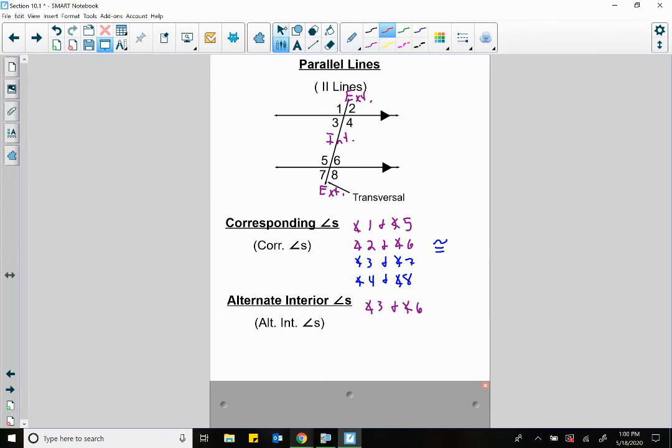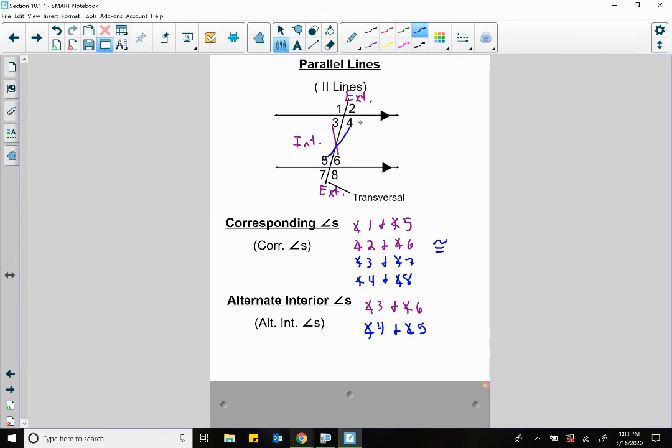All right. So this 3 and 6 are across and on opposite sides from each other. What is another alternate interior angle set? Well, hopefully you said angle 4 and angle 5 are another alternate interior set.